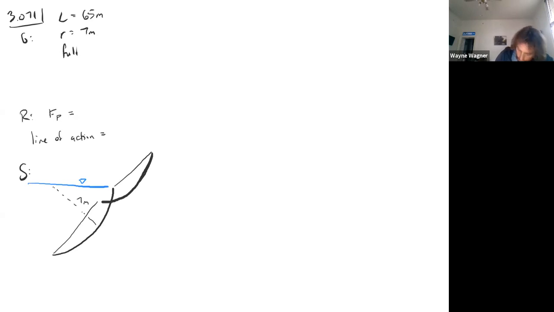This thing is full of water all the way back to here. This whole thing is full of water. Something like that. This thing has a radius right here. This is all 7 meters. This 65 meters is in this direction. Hopefully that's not a terrible picture. Yeah, it's not horrible. Anyway, that's the idea.